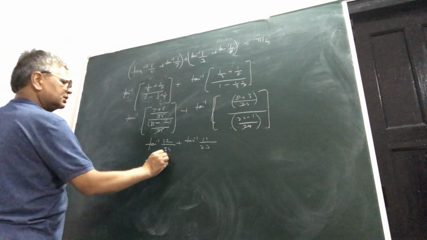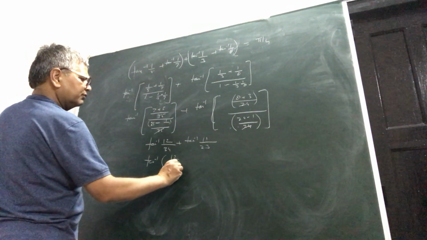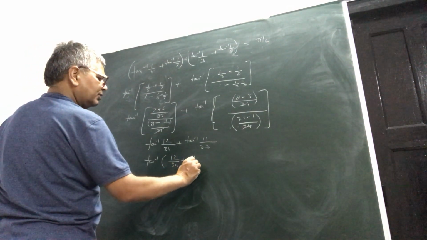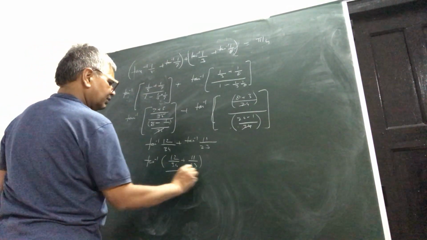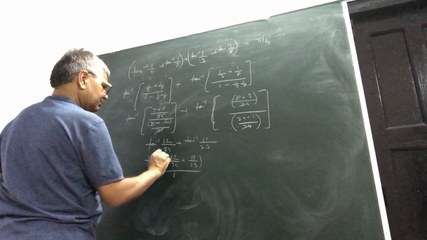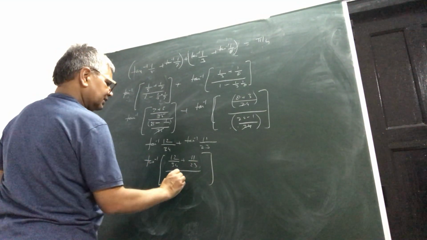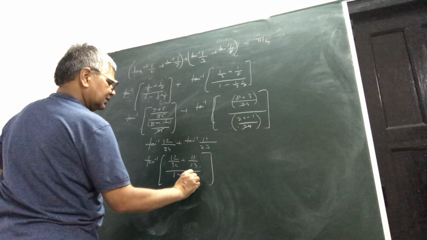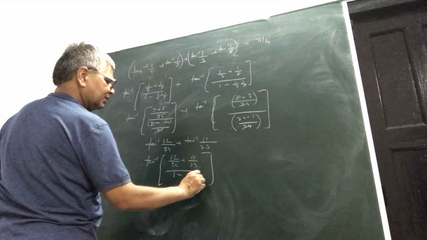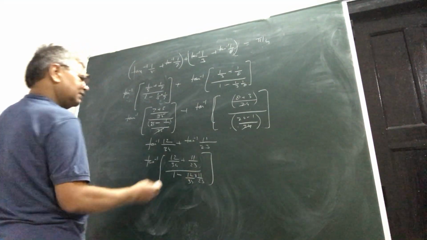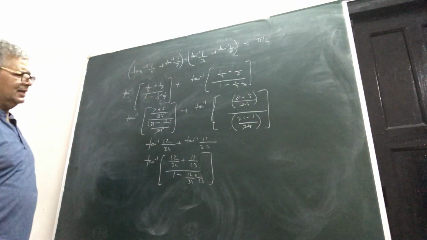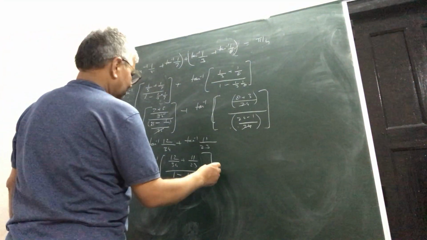Again, do the same thing. Tan inverse of 12 upon 34 plus 11 upon 23, and then 1 minus, big bracket, 12 by 34 into 11 by 23, this way. Simplify it, you will get the answer. I don't think you will encounter any difficulty.